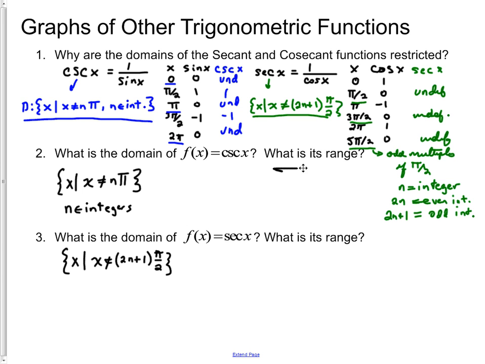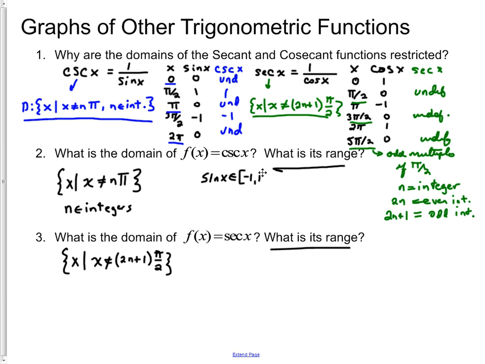Okay, how about the range? Now, the range is sort of odd, but let's think about it. For secant and cosecant, we're taking the reciprocals of sine and cosine. Now, with cosecant, since it's the reciprocal of sine, sine of x was a function that had y values that stayed between -1 and +1.